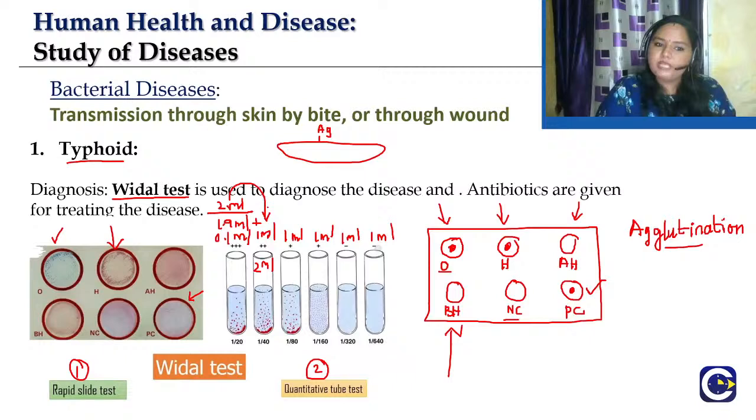After some time I'm going to take 1 ml from the second tube and transfer it to the third tube. That makes it 2 ml in the third tube. And again I'm going to repeat the same step until I don't see any agglutination, until I don't see any coloration.